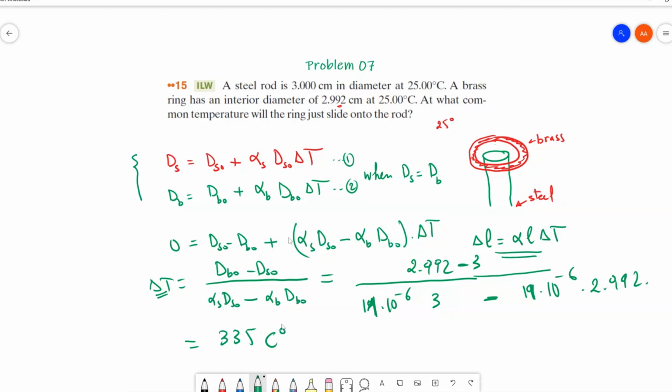Okay, so this is it. We have delta T. So we need to add it to 25 in order to have the temperature. So the total temperature, T final, is equal to T initial plus 335. It should be 360. Yeah.